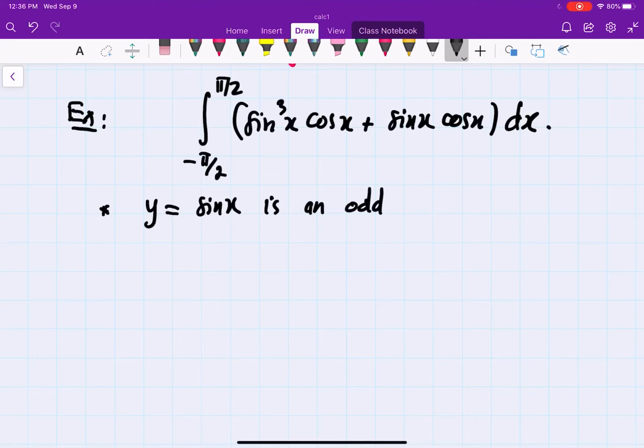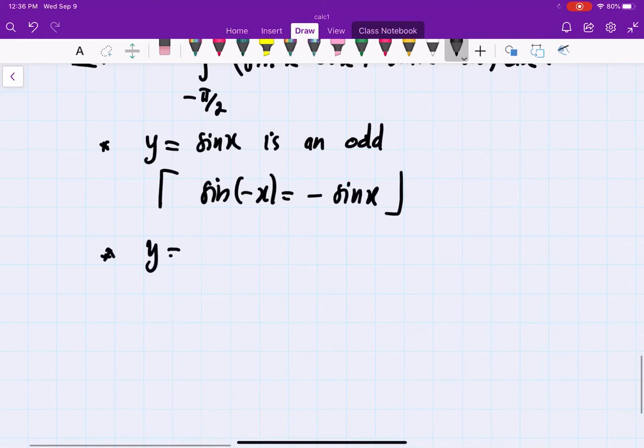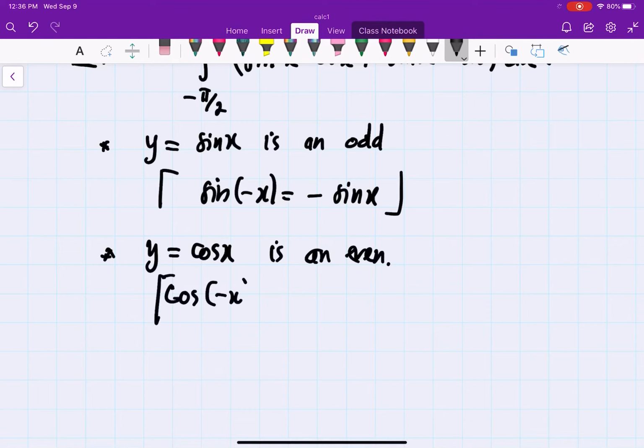Why? Because sine of negative x is equal to negative sine of x. Okay? And the function y equal to cosine is even, because we know cosine of negative x is equal to cosine of x.